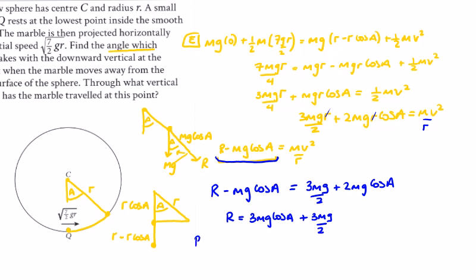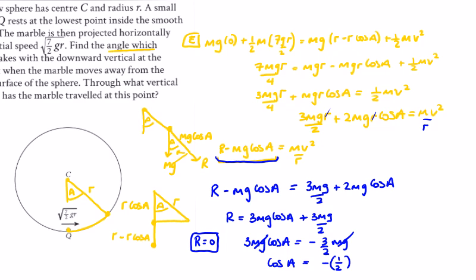So when it falls off, the reaction is now no longer. So we're going to have 3mg cos A will be equal to minus 3 over 2 mg. Dividing by mg at this point, we're going to get cos A is equal to minus 3 over 6, minus 1 over 2.